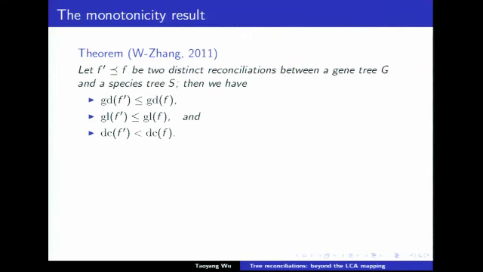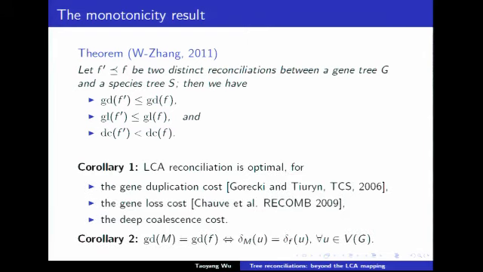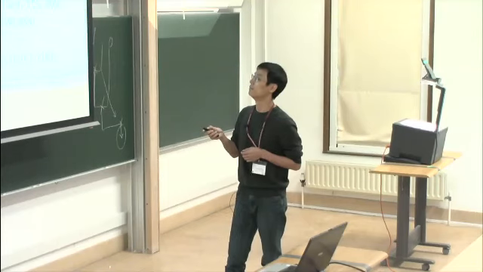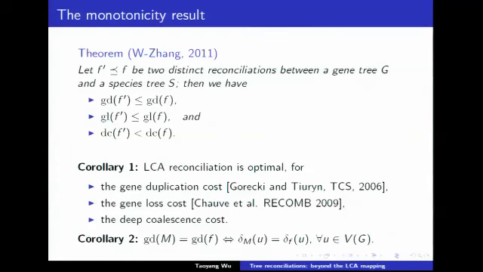That is, if we have two distinct reconciliations and F prime is smaller than F, then the costs we defined previously are monotonic for the gene duplication cost, gene loss cost, and the deep coalescence cost. And one natural corollary: as the LCA mapping is the minimum one in this poset, then we know the LCA reconciliation is optimal.